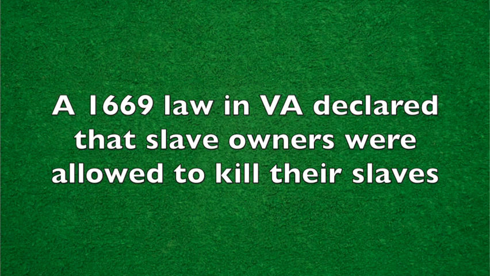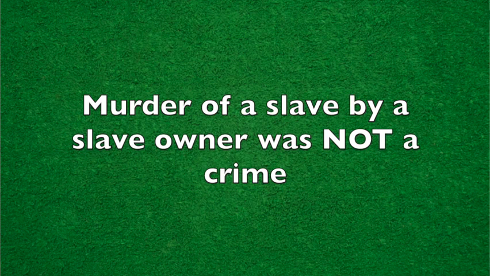Just 7 years later, in 1669, another Virginia law was enacted that would shock our modern sensibilities. It declared that if a slave owner killed their slave, it would not be considered a punishable offense. This law effectively dehumanized enslaved individuals, stripping them of any semblance of legal protection.